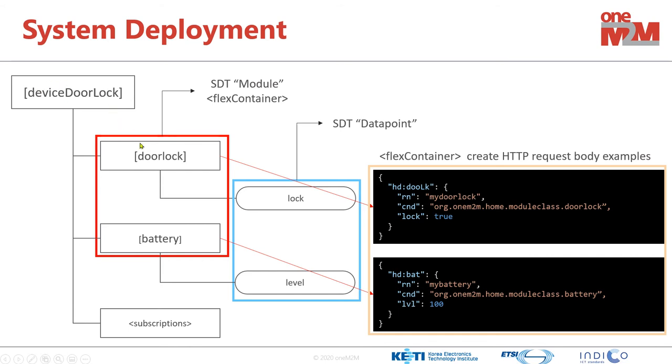And the door lock has two different module classes, door lock and then the battery. So we saw the door lock, and for the battery, there's the battery level, for example 0 to 100.